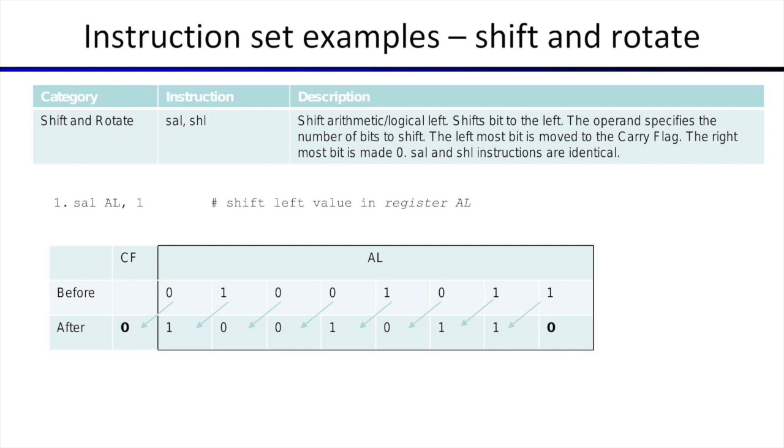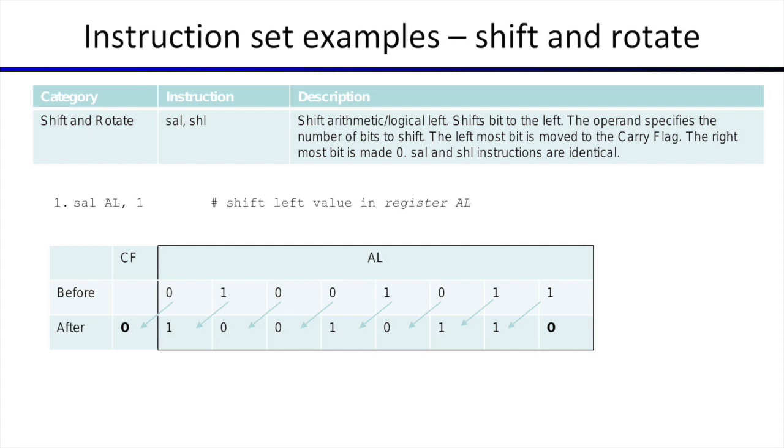There is really no difference when we do a shift left here. So look at the instruction SAL and then use the AL register and put a comma 1. The 1 after the comma tells you how many bits you want to push it by. So 1 means only push 1 bit to the left.